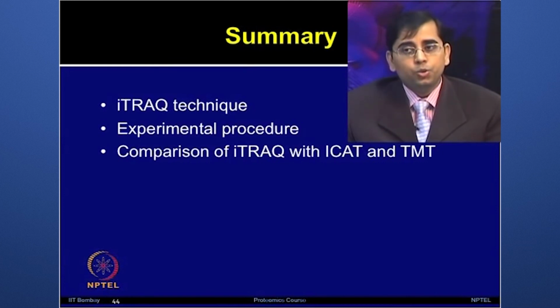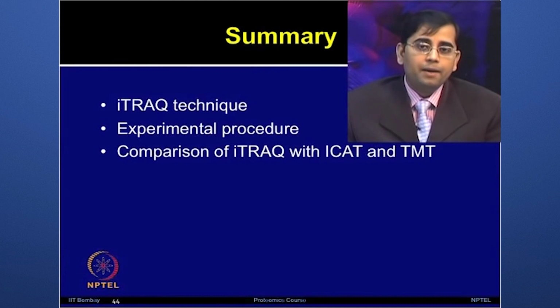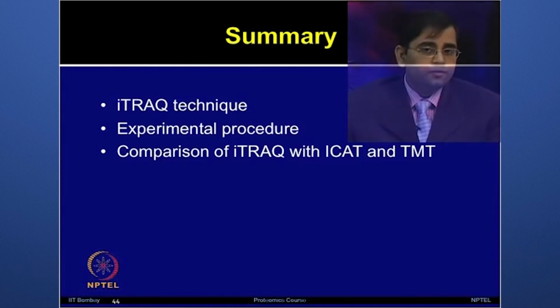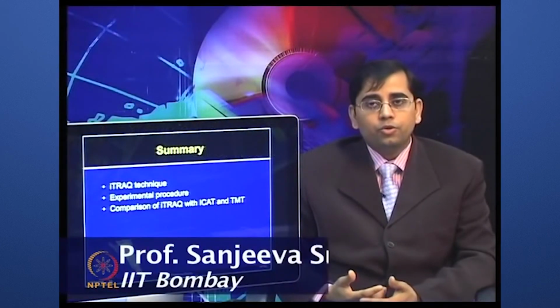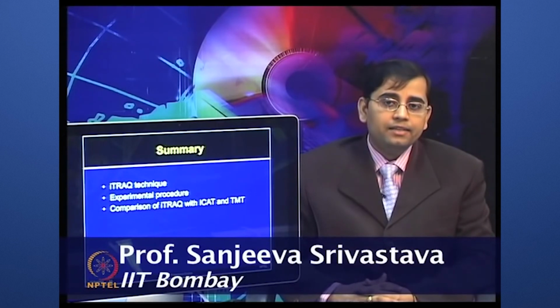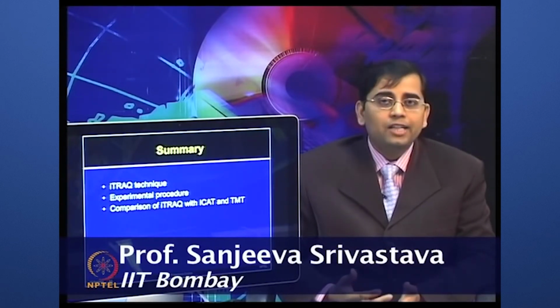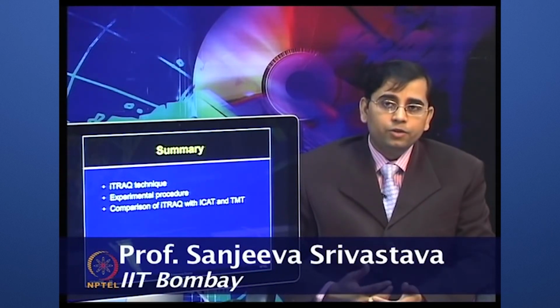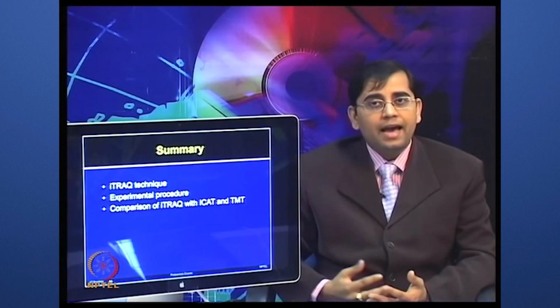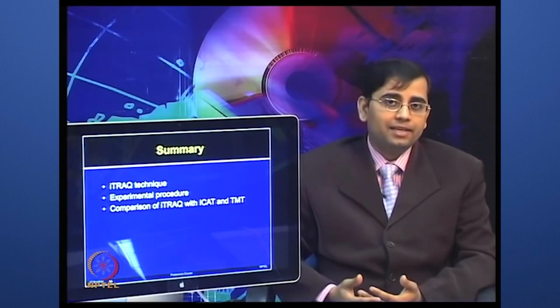These methods can be used on all kinds of biological samples and provide a high level of reliability for the quantitative data. So, we will continue our discussion about quantitative proteomic techniques in the next lecture on in vivo based stable isotope labeling methods, and then we will try to compare the in vitro and in vivo based labeling methods.